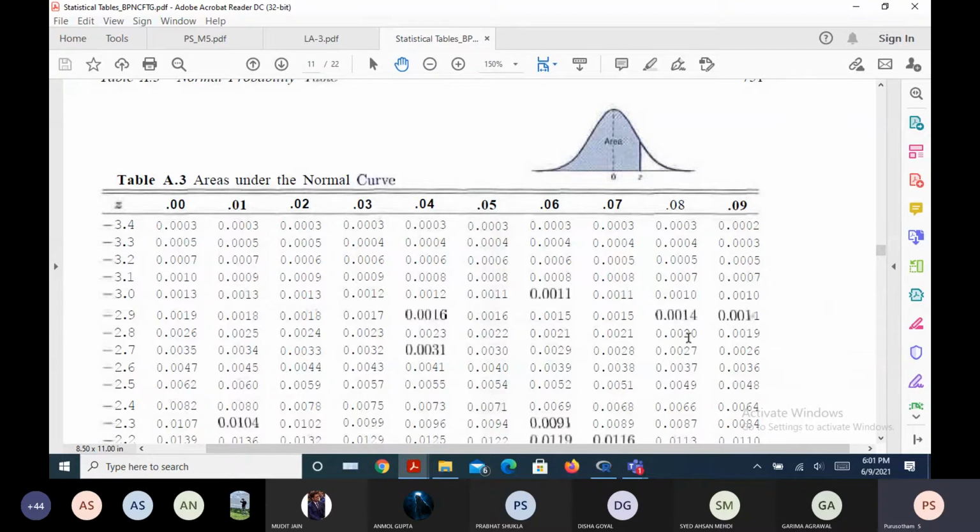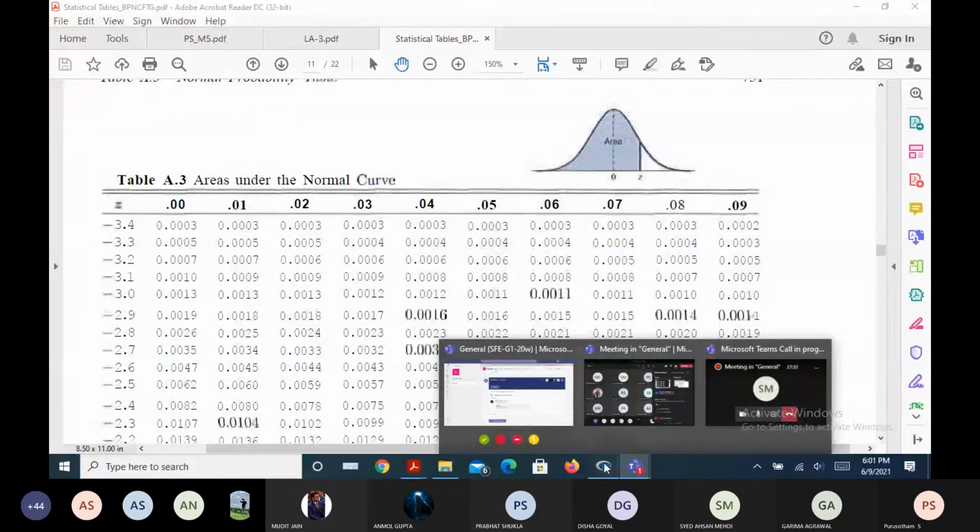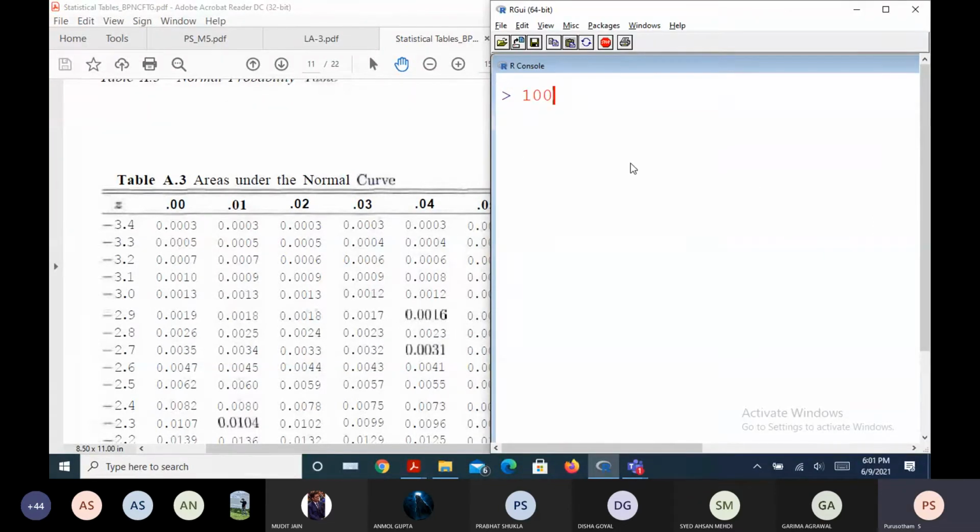Now, for the two-tailed case it is 100 into 1 minus alpha by 2. Let us define alpha first. Alpha is 5%, that means 0.05.